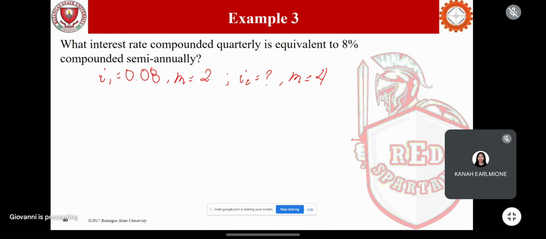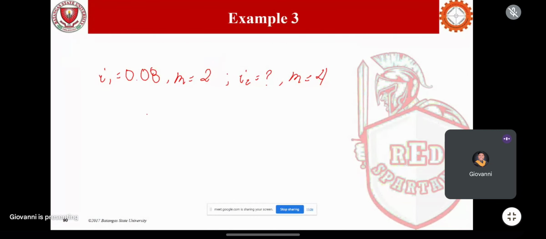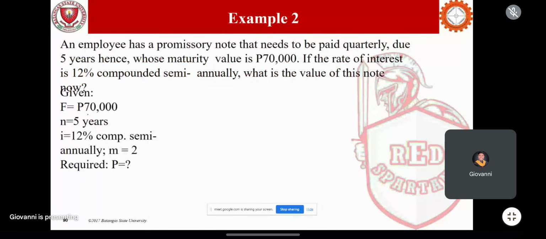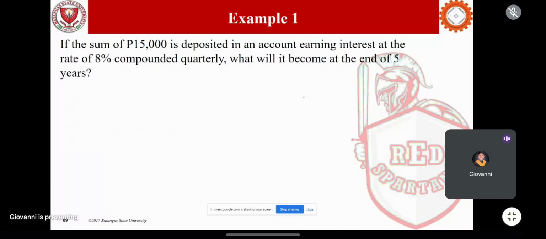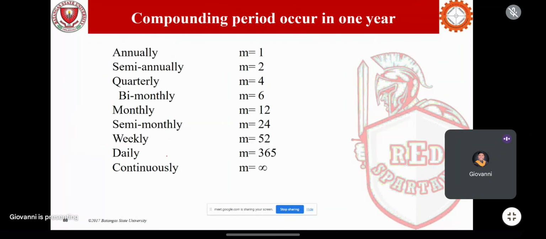Okay. So you just have to equate this one, yung dalawa sa isa't isa. Ang formula natin for interest, 1 plus i raised to n. Pero ang given natin ay walang compounding period.